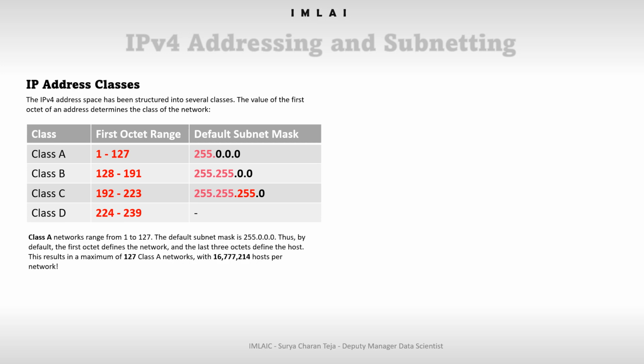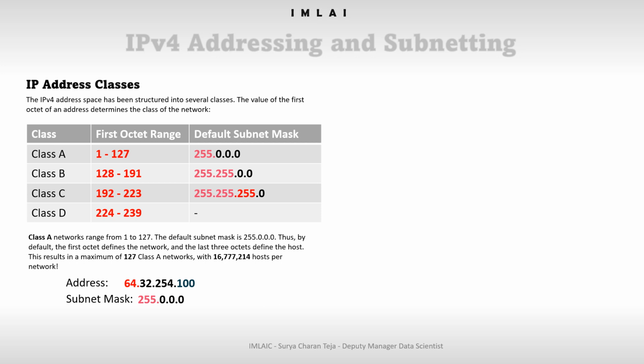Class A networks range from 1 to 127, as we have discussed earlier, and have a default subnet mask of 255.0.0.0. So what does it mean? It means the first octet only defines the network, and the last three octets define the host.